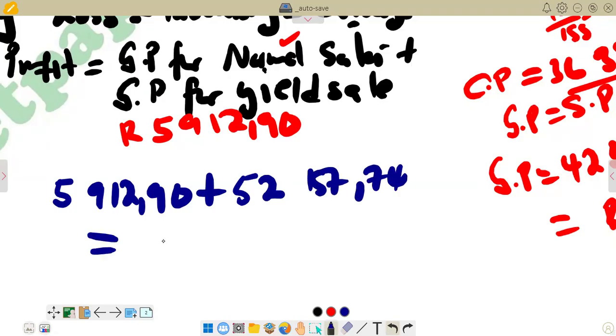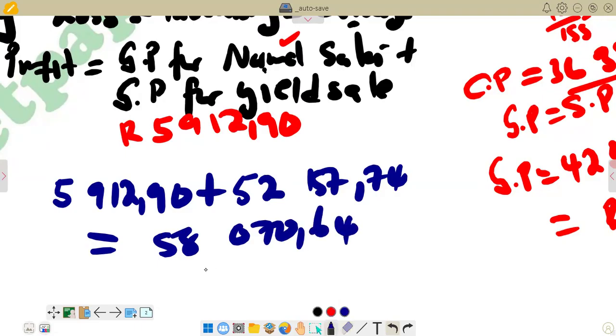So we add the two, you get the total gross profit, which is 58,070.64. So this is our gross profit that we are going to put in the trading account.